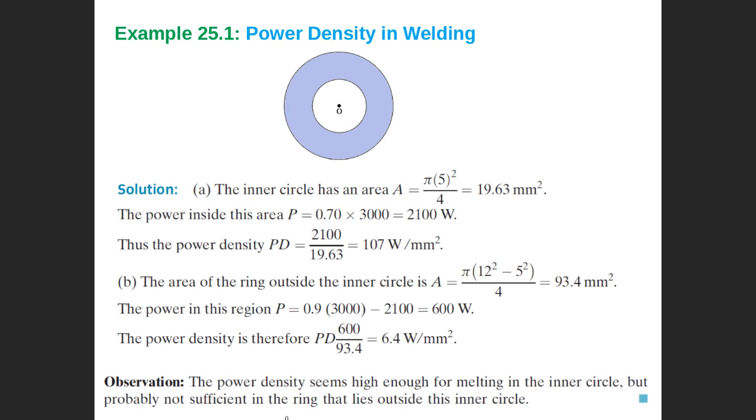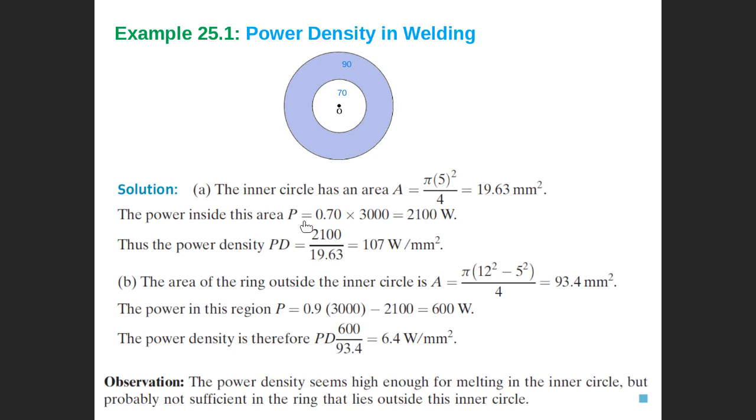The power transmitted is 3000 watt. We have to carefully understand that 70% is transmitted here and 90% of the power is transmitted here. So 70% of the 3000 is transmitted in 5 millimeter diameter.